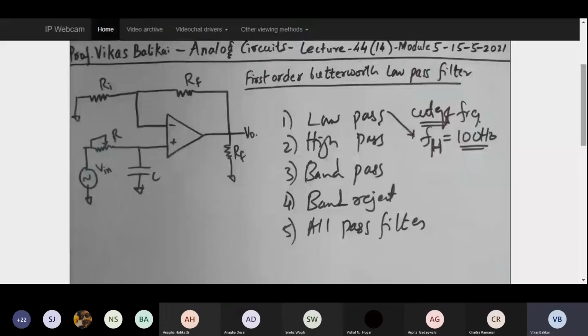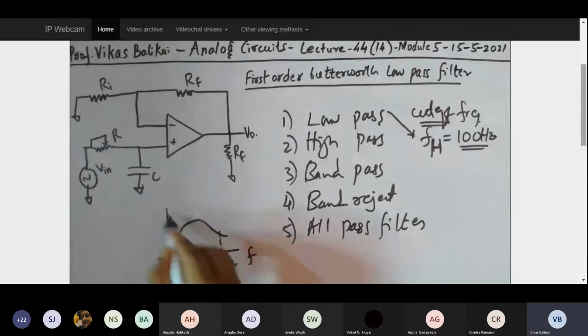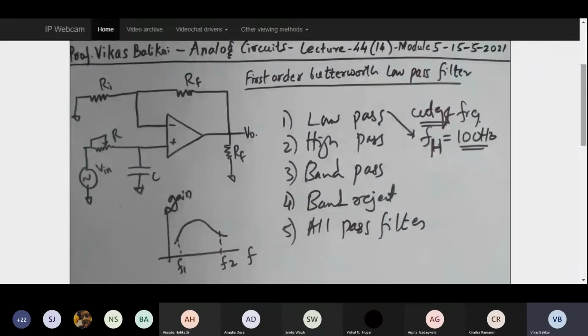You may ask what exactly we mean by band pass. In the band pass filter, they are going to allow some band of frequencies, like here. If I consider this as F, this as F1, this as F2, and this is the gain. Now always remember, when I draw any frequency and gain graph, that will be specifically with respect to these filters. So this is the band of frequencies.